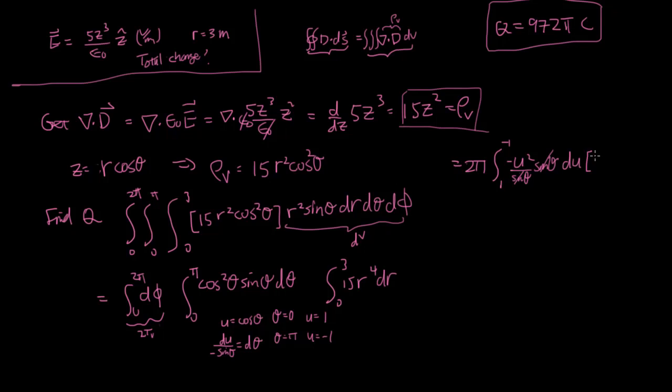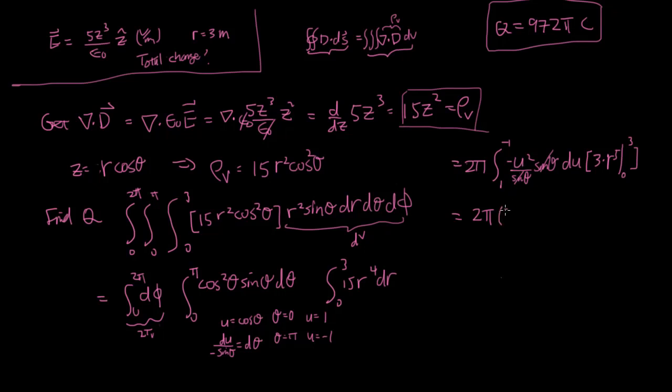So we're going to have 3 times r to the 5th evaluated from 0 to 3. And so that is going to give us 2 pi. So taking this integral, the u squared integral is going to be 1/3 u cubed.